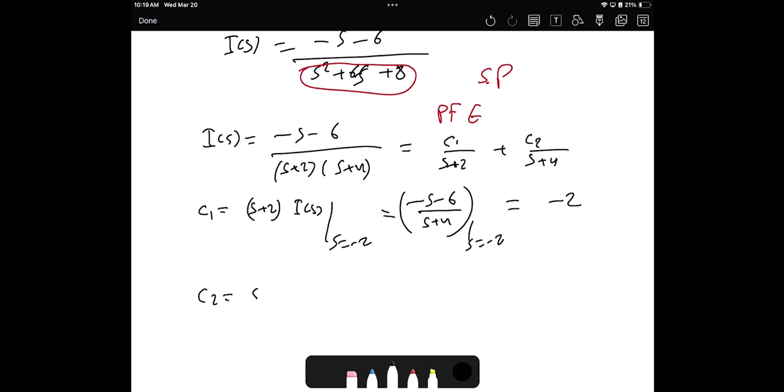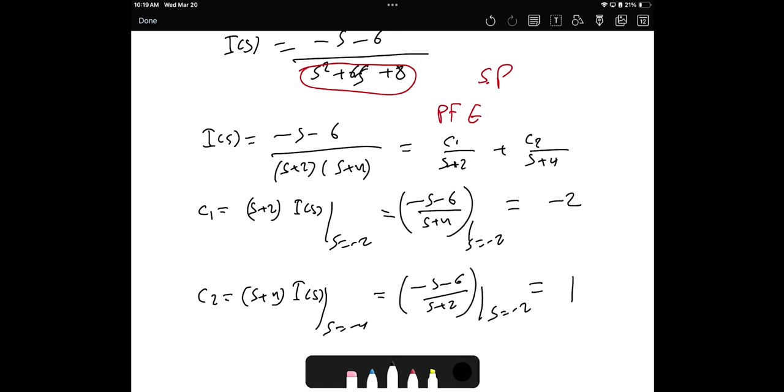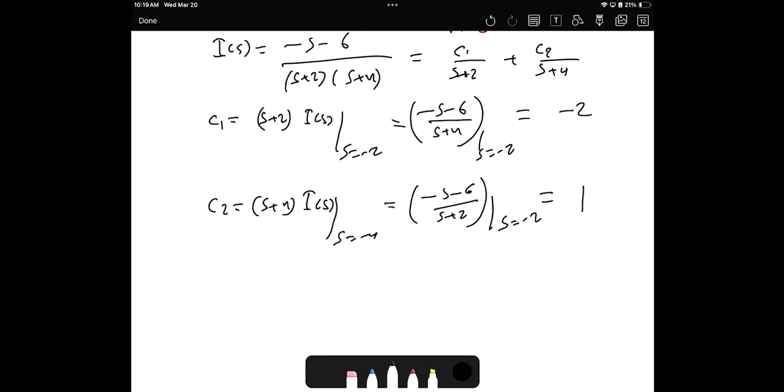C2 will be s plus 4 times I of s, substituting s equal to negative 4. This means negative s minus 6 over s plus 2, evaluated at s equal to negative 4, so the answer will be 1. Since we know the c's, go back and substitute them. I of s will be negative 2 over s plus 2 plus 1 over s plus 4.